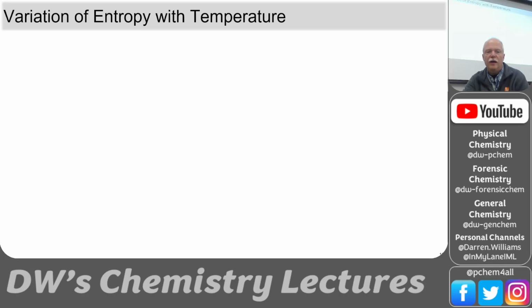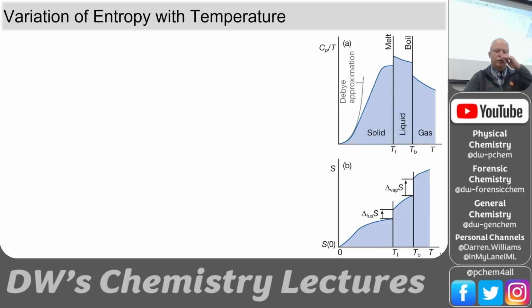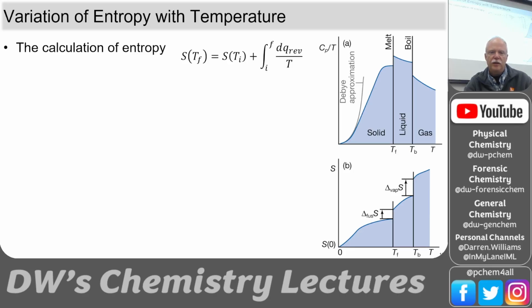Let's look at entropy variation with temperature. These are some really interesting plots. The calculation of entropy, we can start out with this initial entropy value, which takes into account essentially temperature 0. If it's not a perfect crystalline solid, then it might have a non-zero entropy at 0 Kelvin.